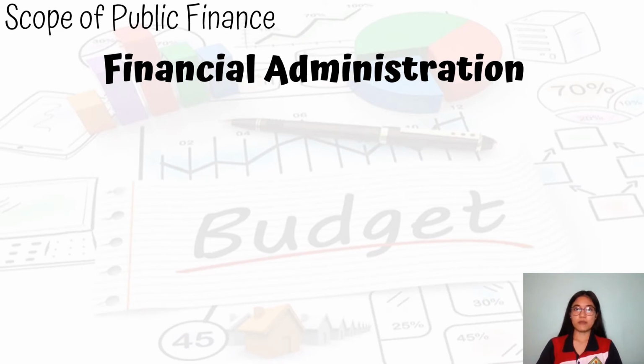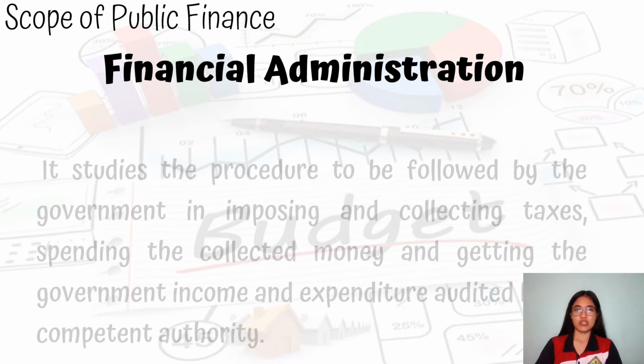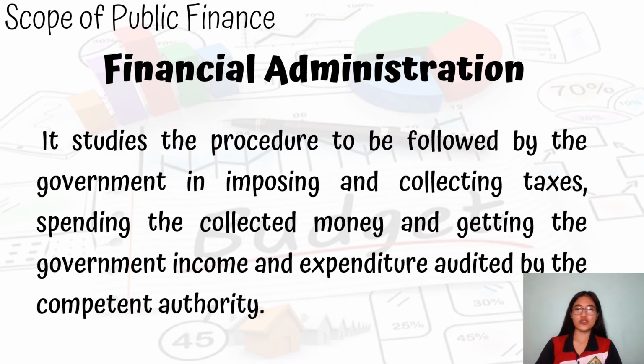And the last scope of public finance is financial administration. It studies the procedure to be followed by the government in imposing and collecting taxes, spending the collected money, and getting the government income and expenditure audited by a competent authority.